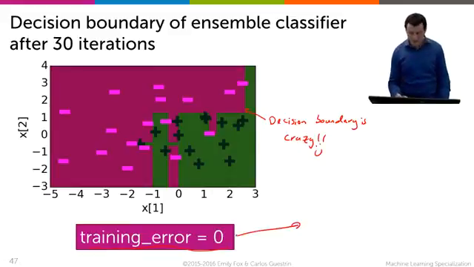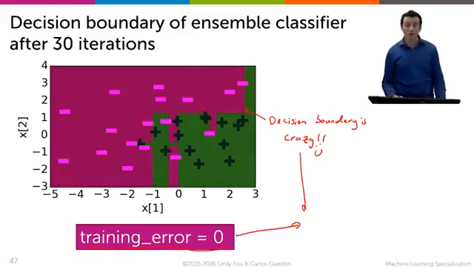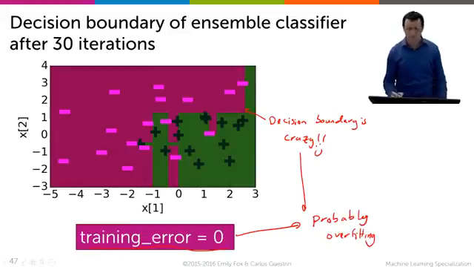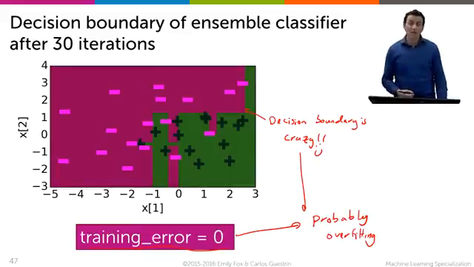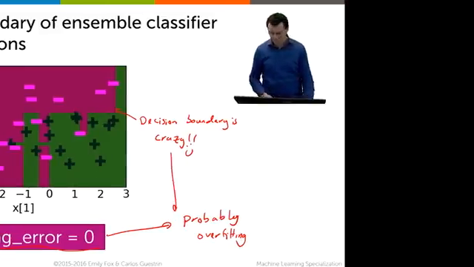And then if you combine these two insights, we figure out, okay, we don't really trust this classifier. We're probably overfitting the data. So if it's perfect on the training data, maybe it doesn't do as well in terms of true error. So overfitting is something that will happen in boosting, and we'll talk about it a little bit next.